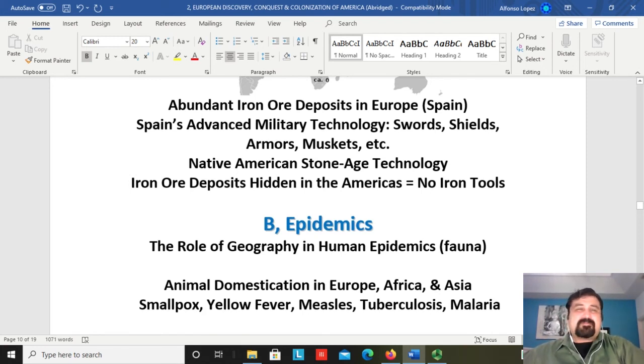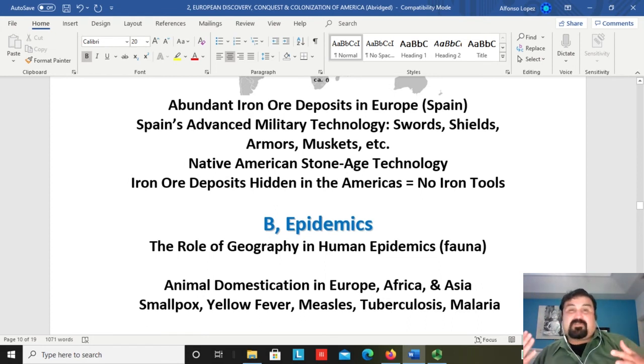The Spanish brought things like swords, shields, armors, muskets that they had built for hundreds of years. And Native Americans were still using a Stone Age technology in which most of their weapons were made from rocks and stones. Yes, they had very, very sharp blades that they crafted, axes, bows and arrows. But when you consider the shields and swords of the Spanish, there was no match for that.